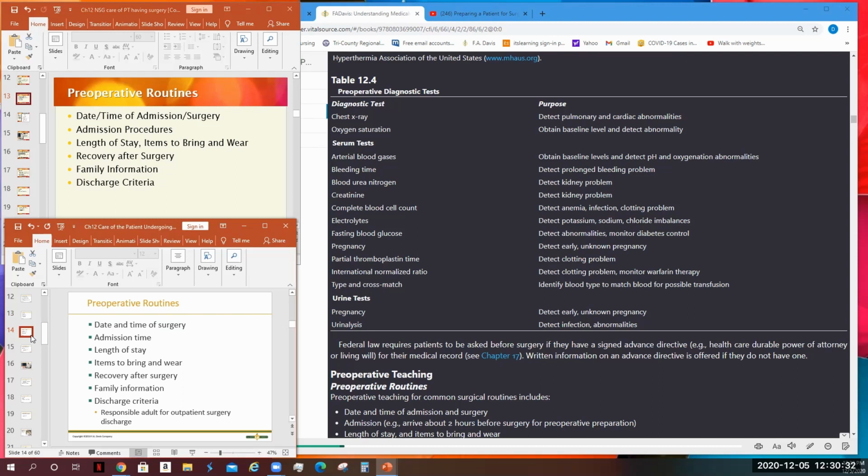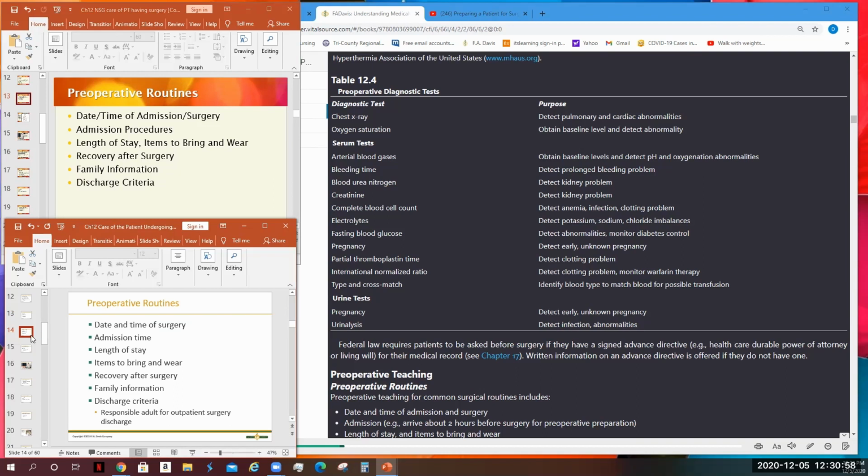The complete blood cell count is to detect anemia, infection, and a clotting problem. Electrolytes: you want to detect potassium, sodium, and chloride imbalances. A fasting blood glucose will detect abnormalities and also monitor diabetes control.